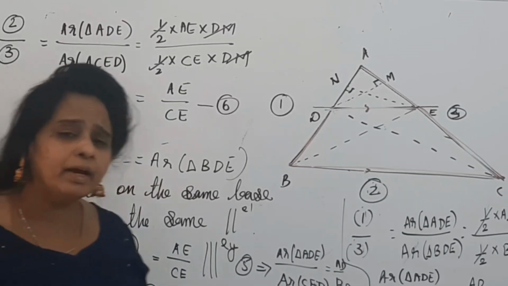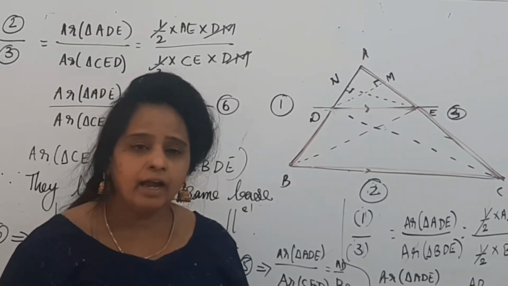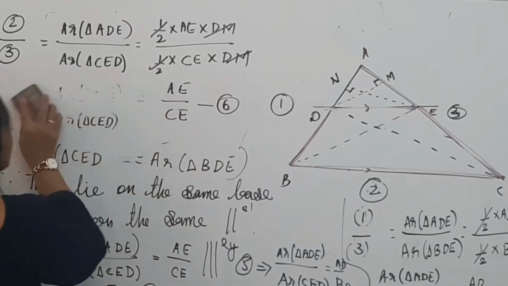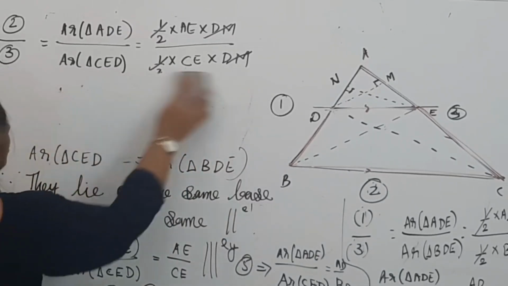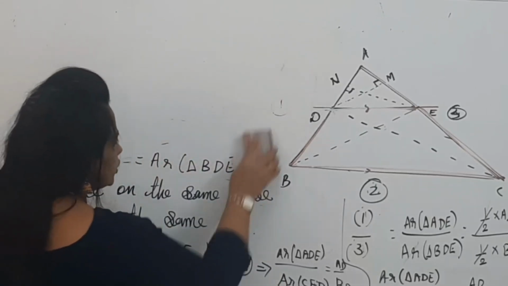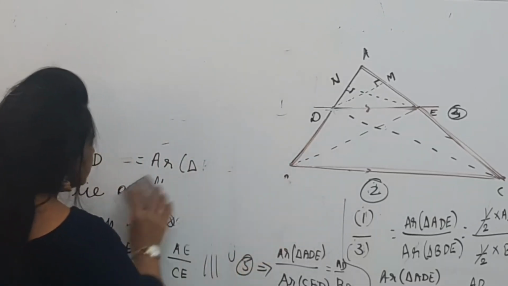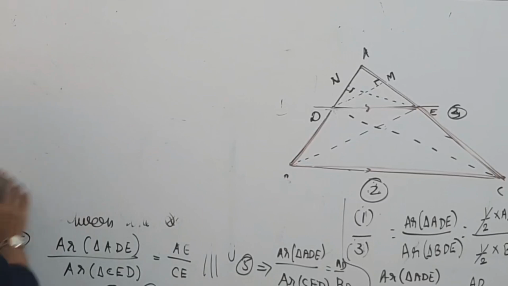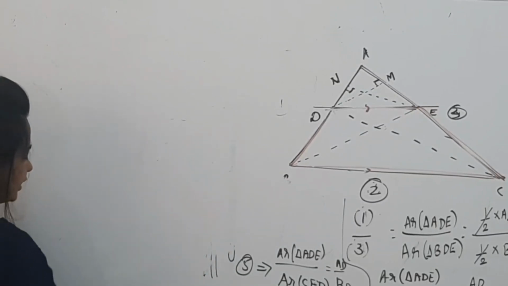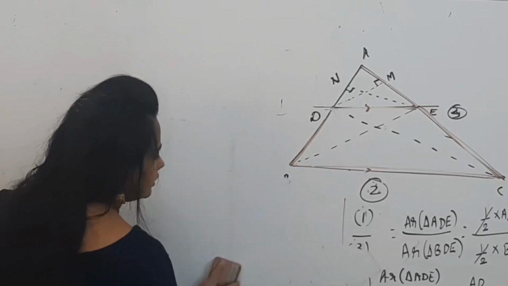What does it mean by converse? Children, I explained in the previous video what converse means. Converse means there will be two statements. Mostly in a theorem, there will always be two statements, and one statement implies the other.